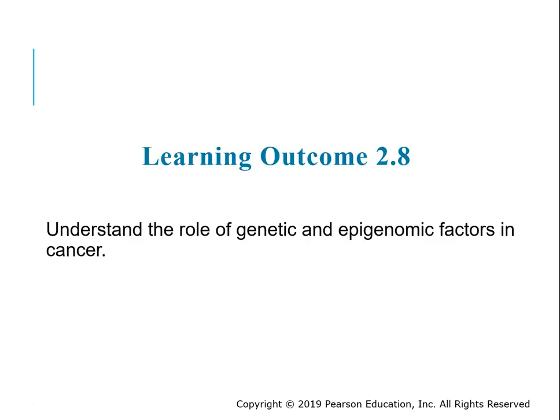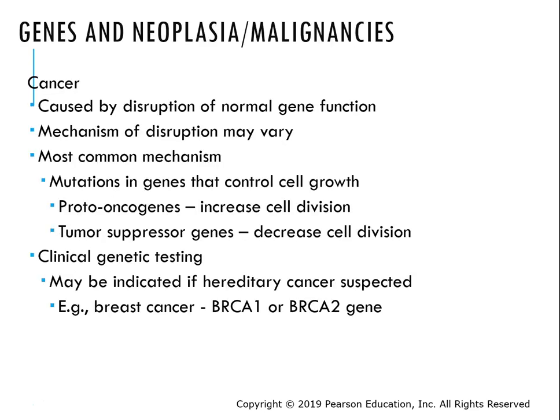Okay, the next learning outcome: understand the role of genetic and epigenomic factors in cancer. I just alluded to that, right? I mentioned those BRCA genes, and it comes back here again. It says cancers are caused by disruption of normal gene function, usually in genes that function to control cell growth and differentiation.